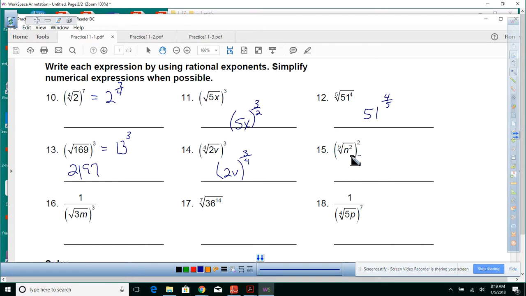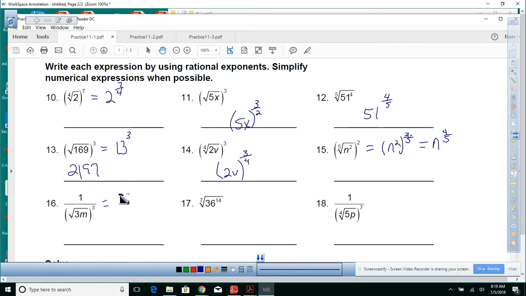All right. So this is going to be n squared to the 2/5, and that's going to become n to the 4/5. All right. This is down here in the denominator. We can move it up.